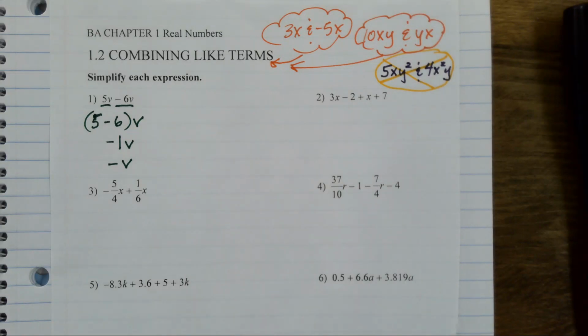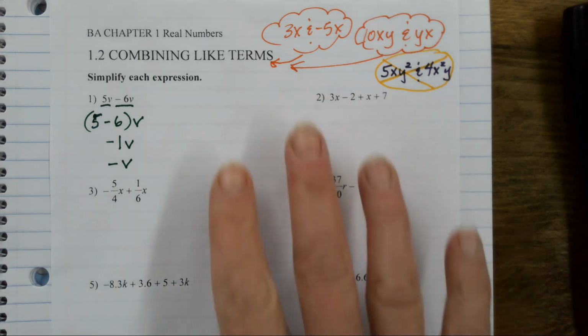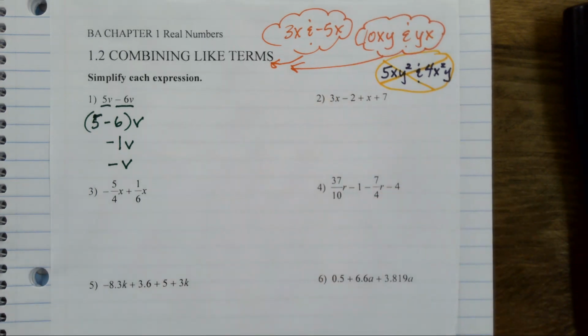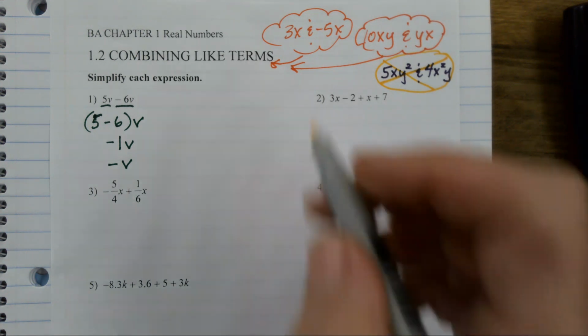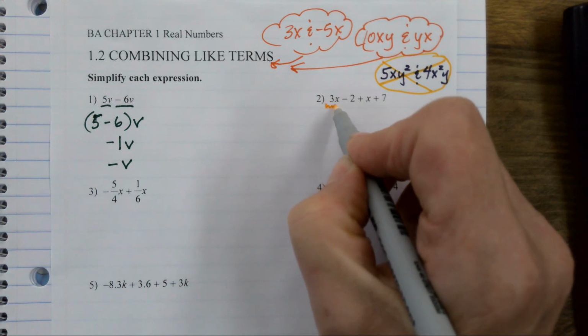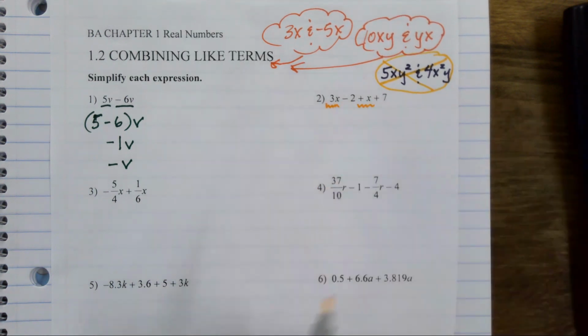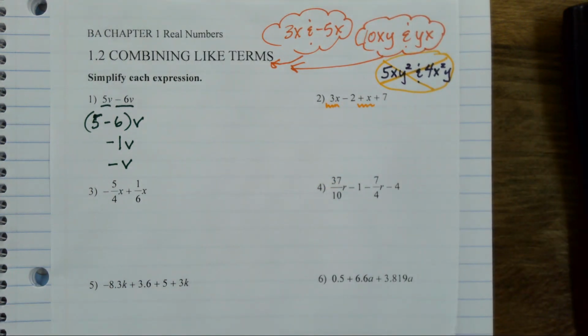So when I am looking at a whole bunch of terms, I can only combine the like terms. And what I do when I'm combining like terms is I like to group the like term parts together. You don't have to physically do this on your paper. I will on my notes, but you should do this in your brain.